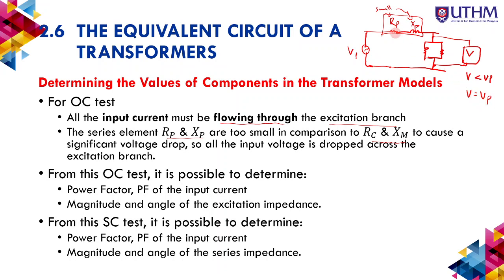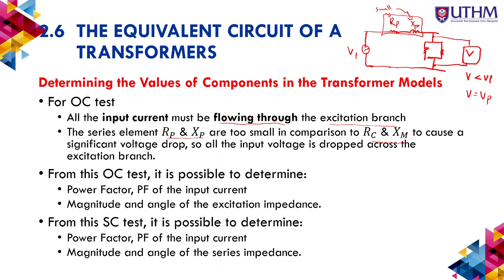Because the value is very small, the voltage drop is not significant, so we can ignore the Rp and Xp. Then we can do the calculation for Rc and Xm.